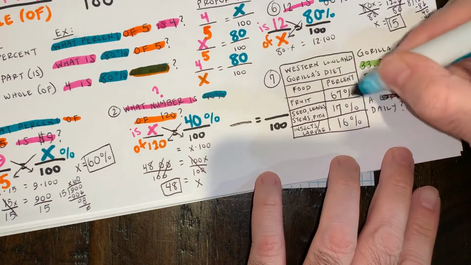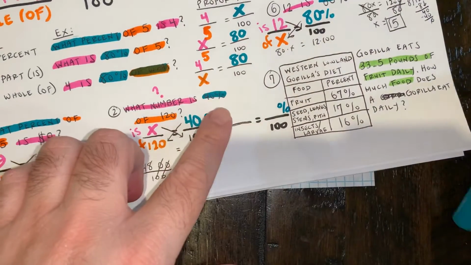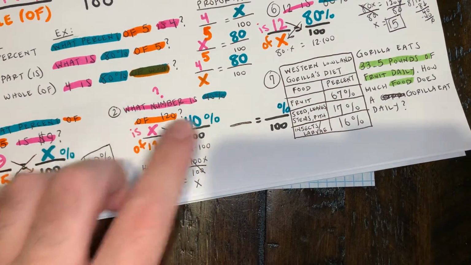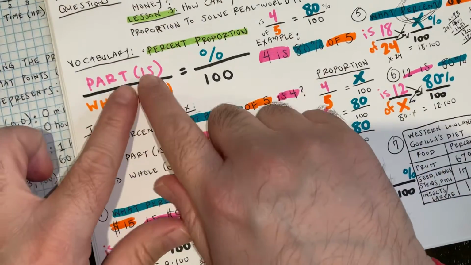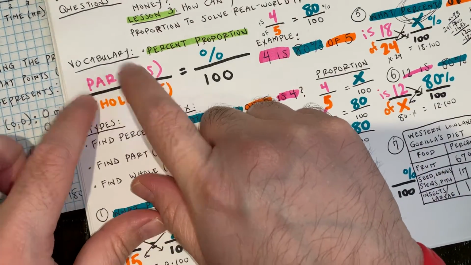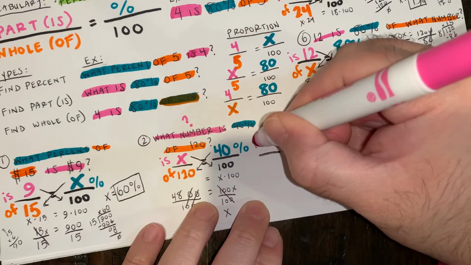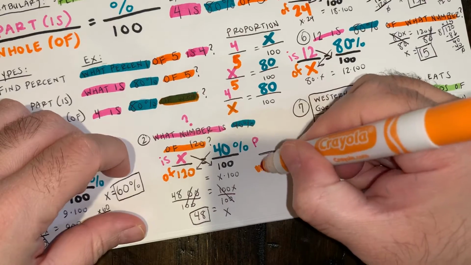Oh, there is a percent actually. We know that percent goes here. What's tricky now is identifying what is your is and what is your of. So remember, that's why in the beginning I told you, instead of is or of, you can also think of part and whole. The part goes on top and the whole goes on the bottom.